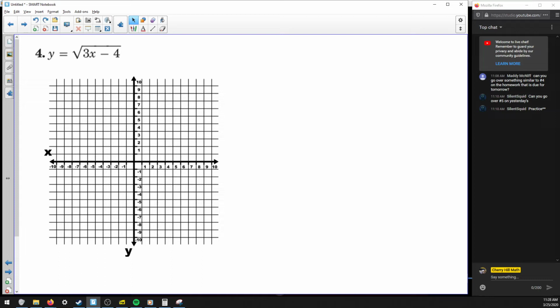Here's the other thing I'll throw out about the homework. A couple of the problems are not going to stay nicely on a 10 by 10 graph. So if you're not able to print out this particular graph, you can take a look at how they adjusted the viewing window. For example, in problem number 1, they pushed the graph up and to the right so that you can mainly see the positive first quadrant, whereas in number 2 they shifted it so that you're seeing a lot of negative numbers.